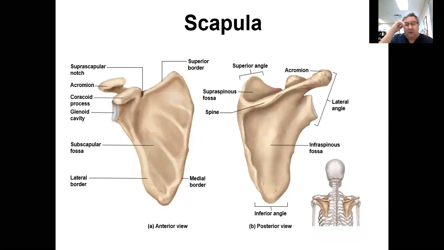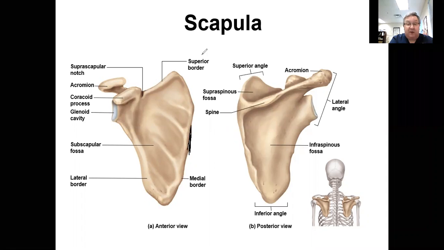And so again, here's the picture of the scapula. On the left-hand side, we're looking at an anterior view of the scapula. As you can see, the large flat portion in the middle is the subscapular fossa. I'm going to start from this side here. This is the medial border.